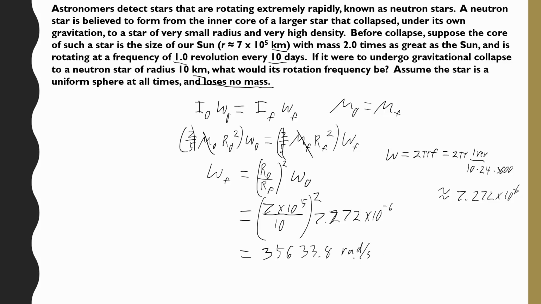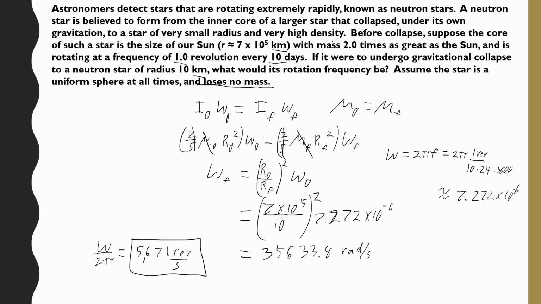And if we divide by 2 pi to get it back to frequency, omega over 2 pi is going to give us 5,671 revolutions per second. So this guy is cooking along almost 6,000 times every second. And they do find neutron stars that are spinning this quickly, so pretty incredible thing.